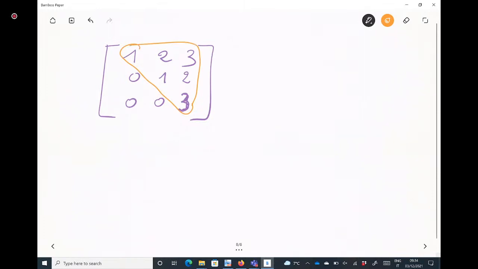All the elements in the main diagonal or above the main diagonal are possibly different from 0, but the important feature of this matrix is that the elements below the main diagonal are all 0. This is called triangular matrix. In particular, this is upper triangular, because only the upper part is filled with possibly non-zero elements, okay? This is lower triangular.